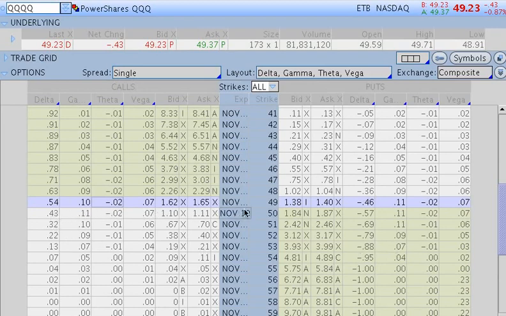The more swings that we have in the market, the more likelihood that those options are going to be worth more at expiration. So you can see here that the Vega for every option is always positive unless you get to these more finite outer end type out of the money options.